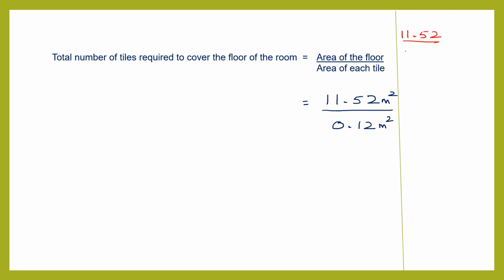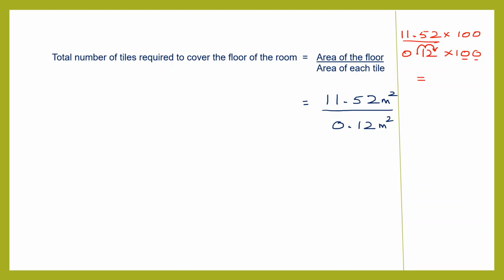The denominator has to change to a whole number. So my point has to move two places to the right if it has to become 12, isn't it? So I have to multiply by 100 because 100 has two zeros. If I multiply this by 100, I need to multiply the numerator also by 100.